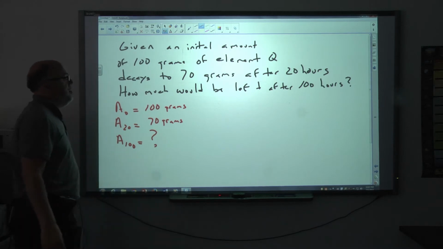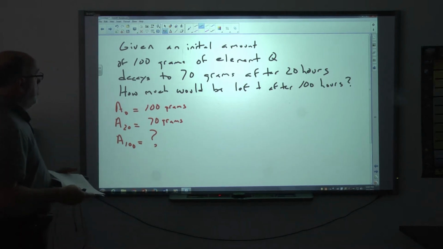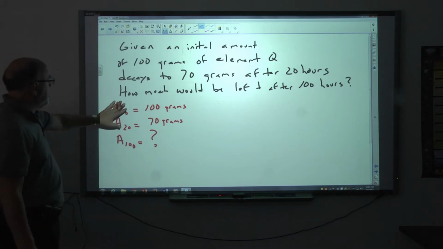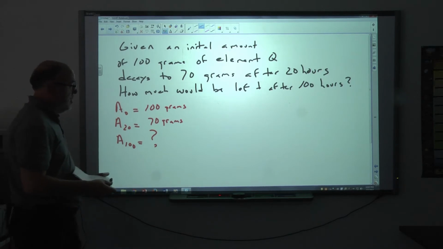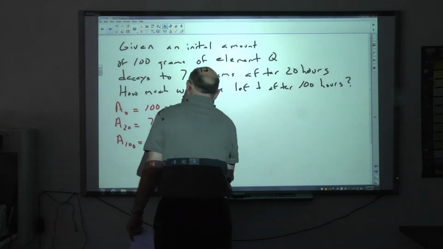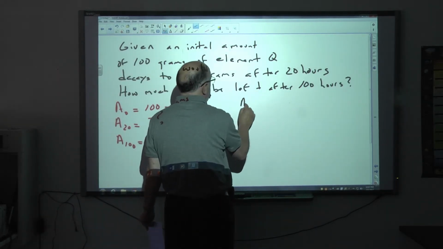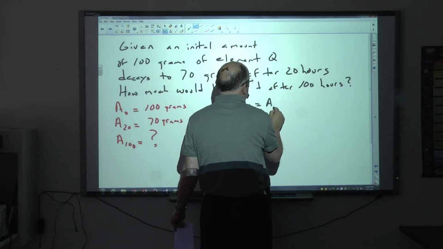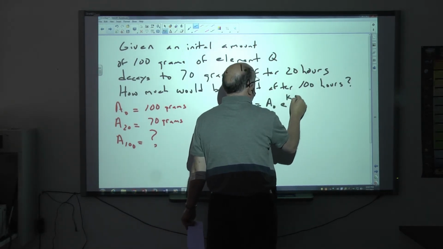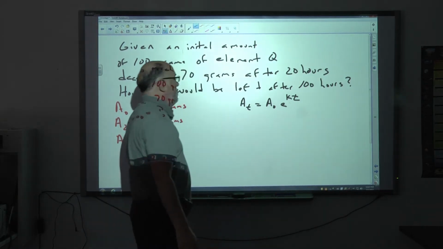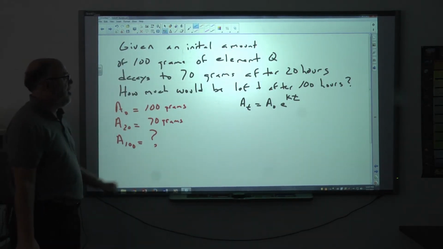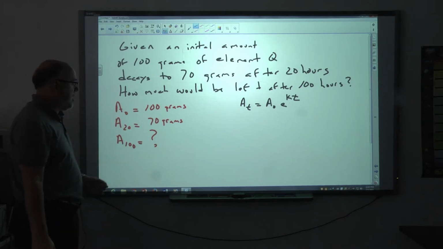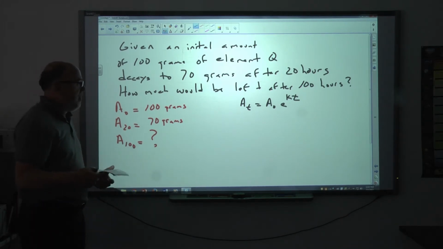We don't know the rate, but we can figure out the value of k from these two numbers. Our equation was in this form: A sub t equals A naught e to the kt. We can use these numbers to get the k value, and once we have the k value, we can answer the question.